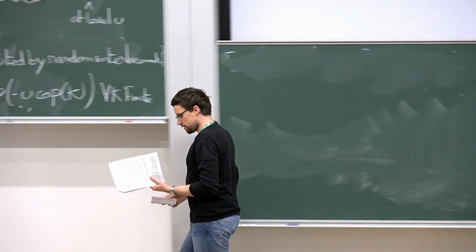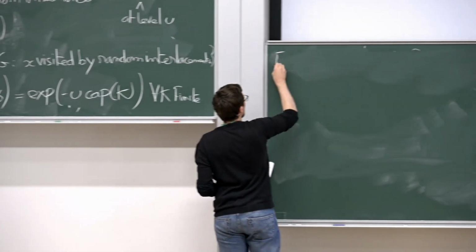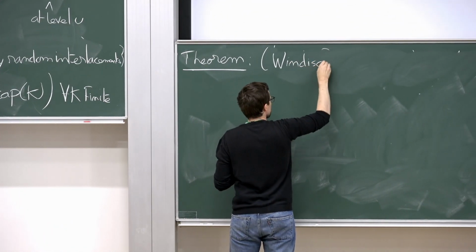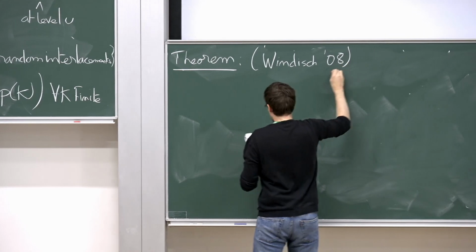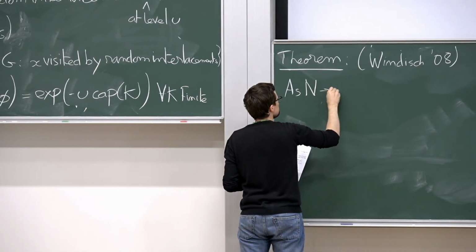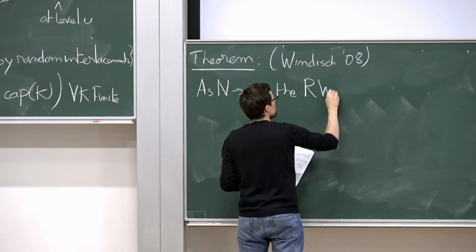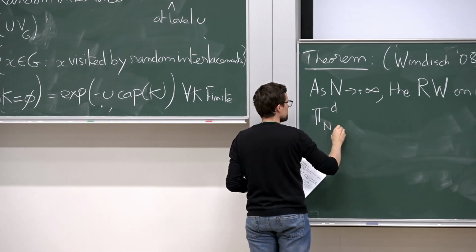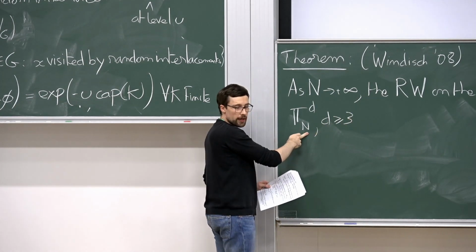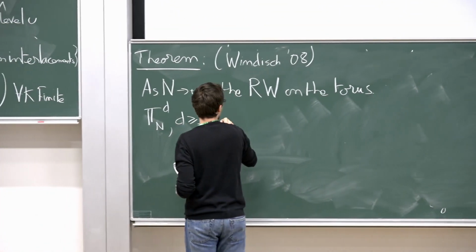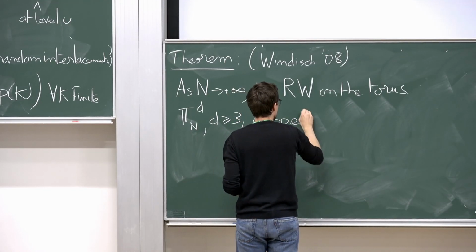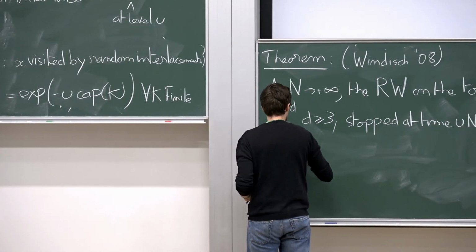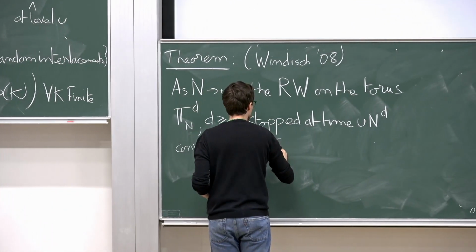And this is a theorem, which is another way to see random interlacement, which is due to Windisch, which says that as n goes to infinity, the random walk on the torus, so this is a d-dimensional torus of side length n, stopped at the time u n to the d, converges to random interlacement at level u.